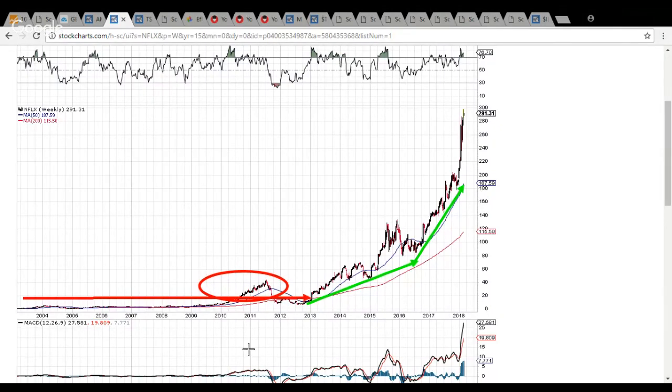2010 to 2012. We were in a very clear phase 1 from well before 2003 all the way to 2010. Then we began what I thought in 2010 was a phase 2, very clear. It broke up above the phase 1, moved this phase 1 line all the way down to about $5.